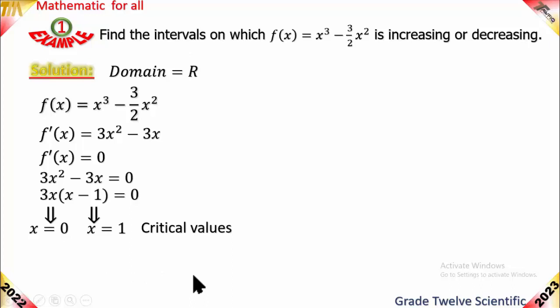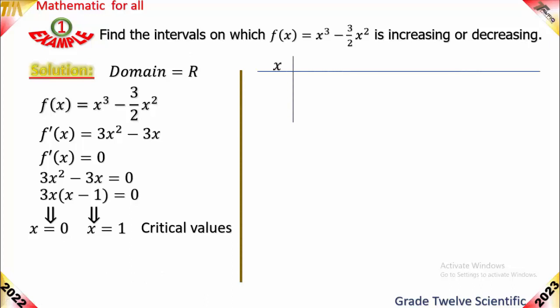And now draw the number line like this. For x, you have 2 critical points. Write them from left to right, from small to bigger, minus infinity to infinity.